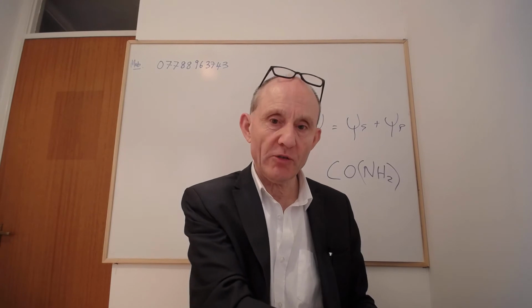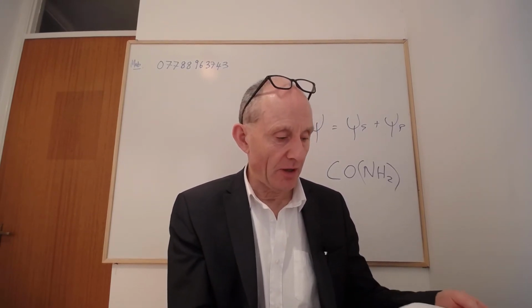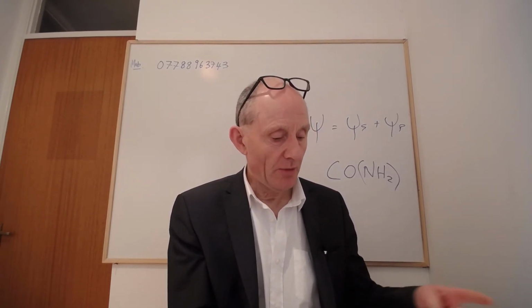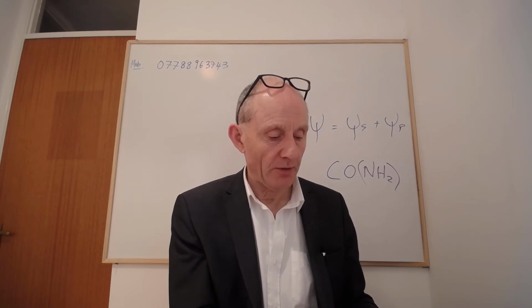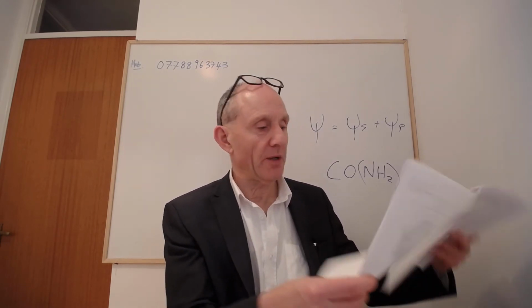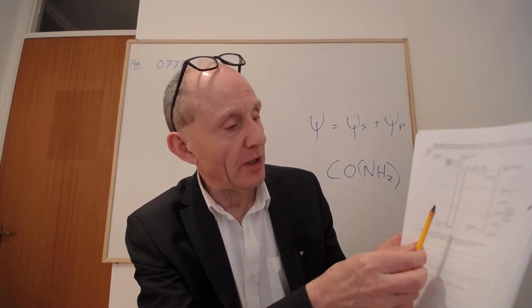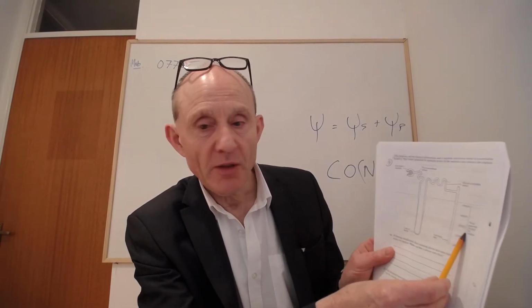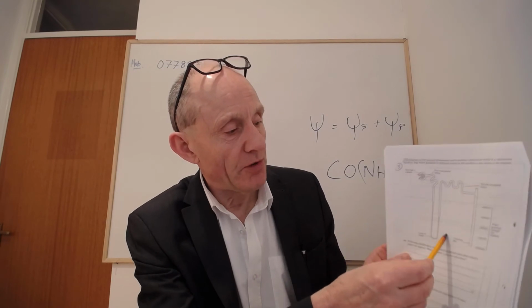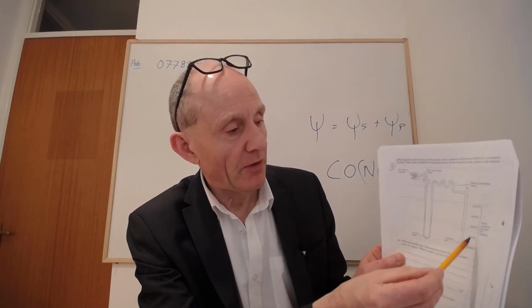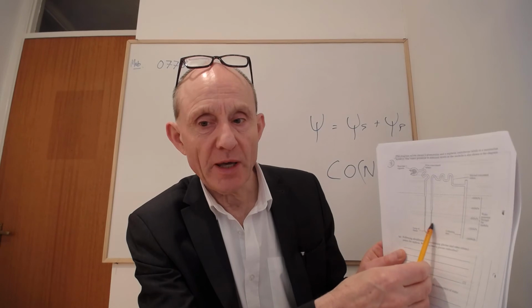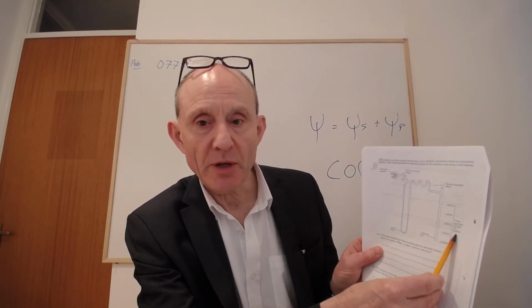In fact, there's a question that I leave in these notes, even though it's a very old question, but it illustrates this not too badly. It's question 3. Basically question 3 shows you that if you measure the water potential as you move down the loop of Henle, you discover that the further down, the longer the loop of Henle, the lower goes the water potential in the medulla region.